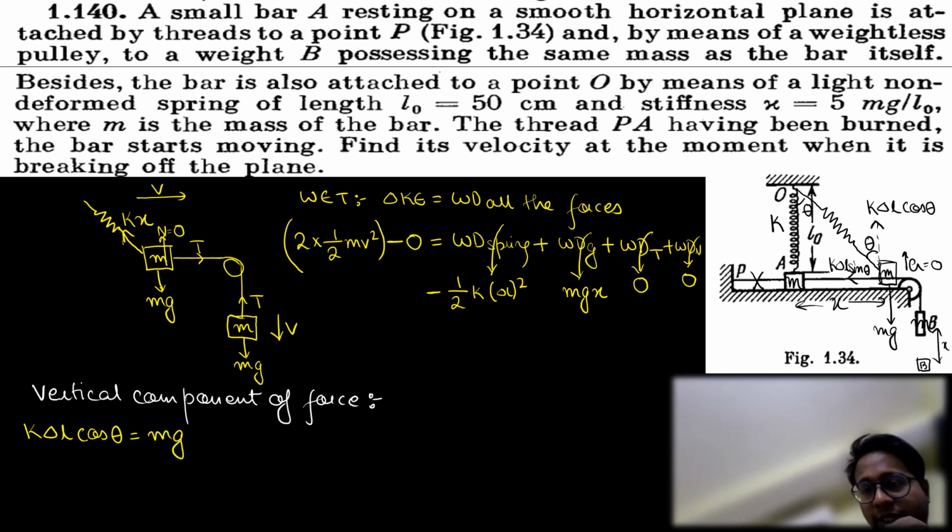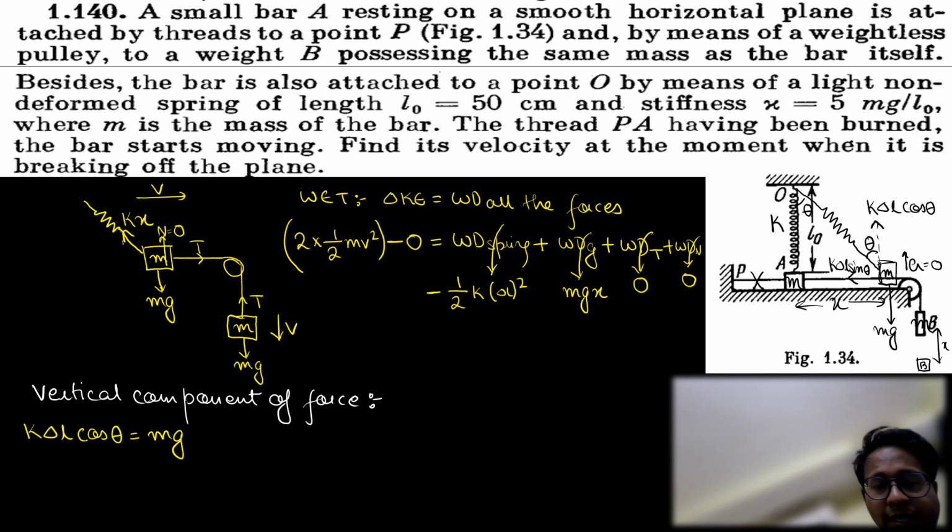This is the first equation that we get. Now the length of the spring is given as L naught. What is the relation between L naught and X if I know the angle theta? Can I say tan theta is equal to X by L naught?